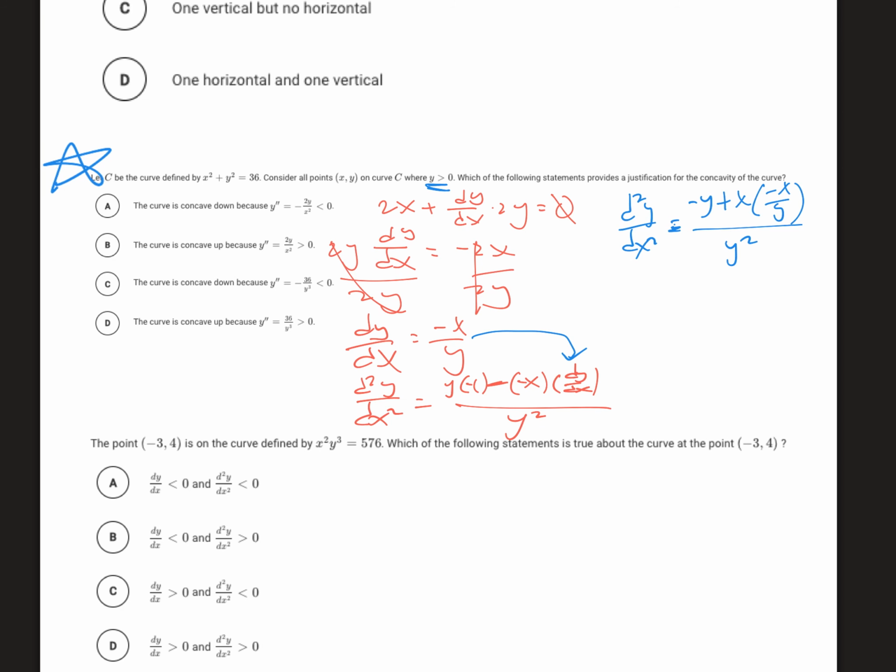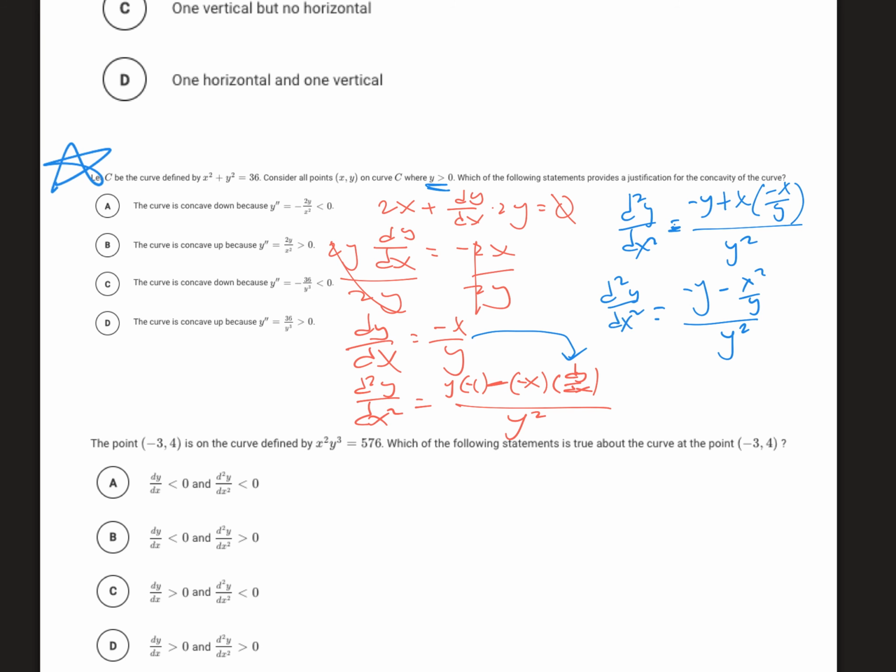Let's continue. So I'm going to simplify some more. What do we have here? We have negative y minus x squared over y, all over y squared. So that's what we have there. And this is the correct second derivative.